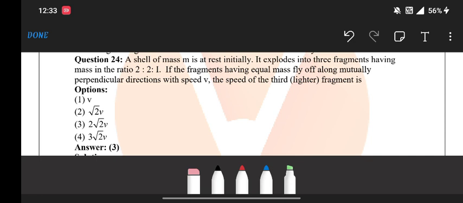The two fragments of equal mass fly off along mutually perpendicular directions with speed v. What is the speed of the third, lighter fragment? Will it be v, root 2 v, 2 root 2 v, or 3 root 2 v?